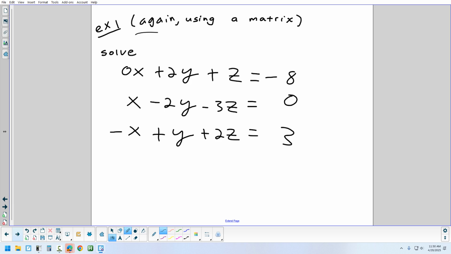Is there anything that I could do that would be simple and result in having a 1 in the upper left? Flip row 1 and row 2. Yeah, let's swap rows 1 and 2. Okay. So the way that I write swap is like this. That means swap. Take rows 1 and 2 and switch them.